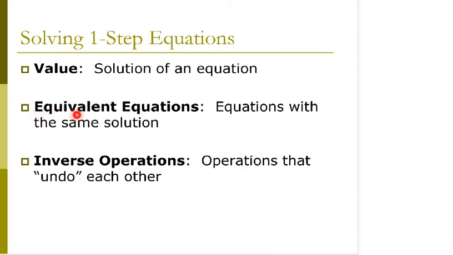We might hear equivalent equations. So as an example, if we have the equation 2x plus 1 equals 7, and we compare that with the equation 2x equals 6, we think about what could we put in place of either of these to make them true.